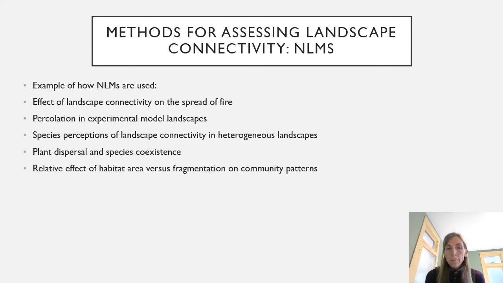They've been used to help us understand a species' perspective of a landscape based on certain focal species' willingness to move across small gaps in heterogeneous landscapes. We can look at plant dispersal and species coexistence. We can look at the relative effect of habitat area versus fragmentation and some of the community patterns that result.